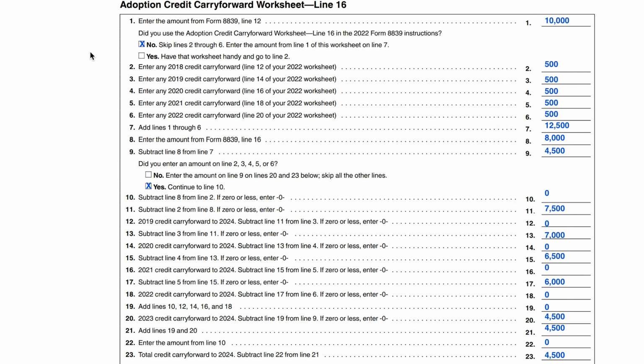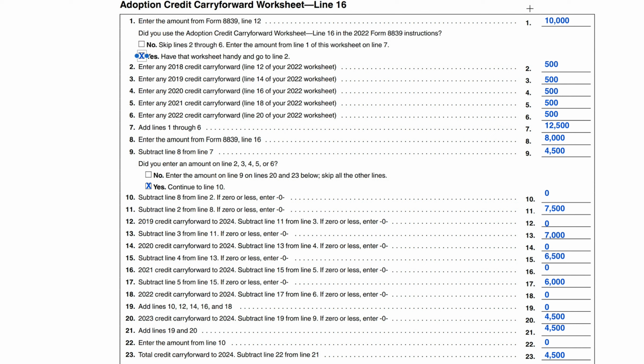But in this situation, we answered yes, just for demonstrative purposes, and we've put in $500 from each of those prior years. So if this is for the 2023 tax year, this would be 2018, 2019, 2020, 2021, and 2022. Now that's highly unlikely, but this is for illustrative purposes. So we just put down $500 for each year.